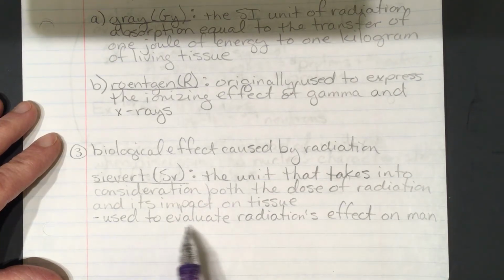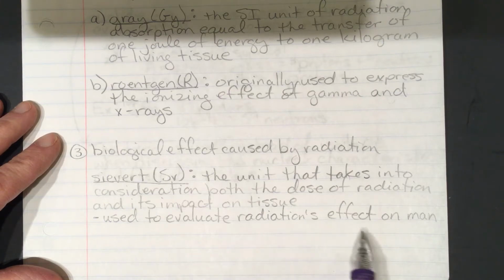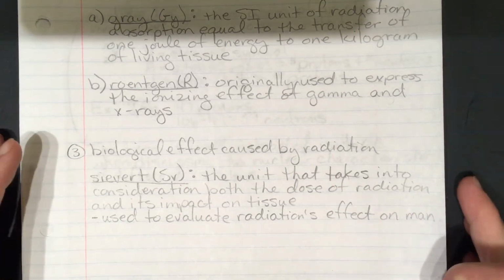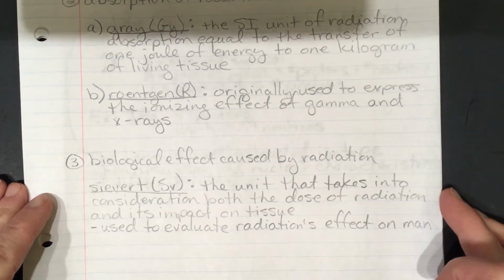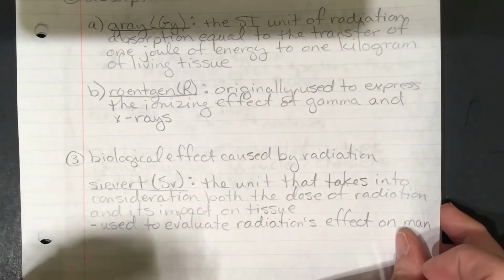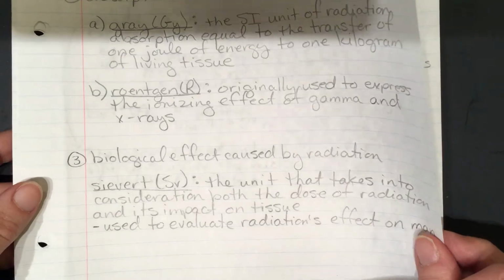And this is used to evaluate radiation's effect on man. So this would determine with your exposure what kind of effect this would have on your body. So that's really all I want to say about measuring radiation.